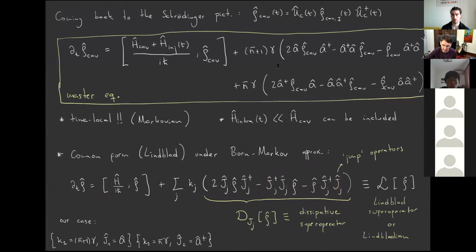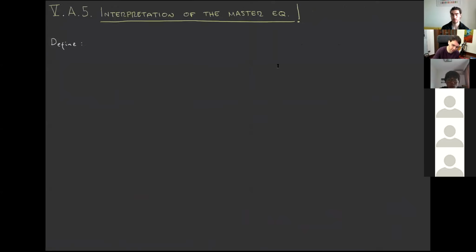So you see that it's an anti-commutator. So this means that if I define a new effective Hamiltonian that is non-Hermitian, so it has an imaginary part.